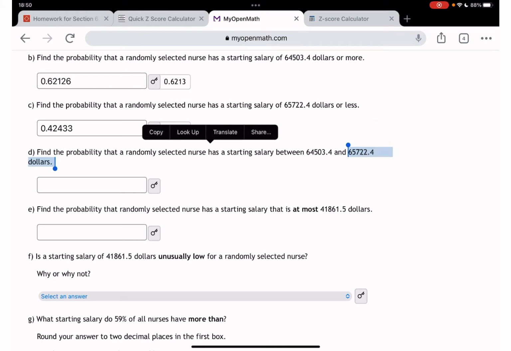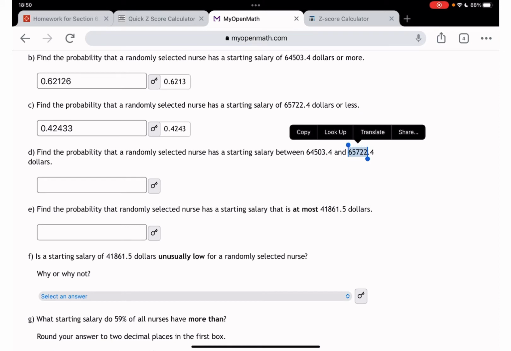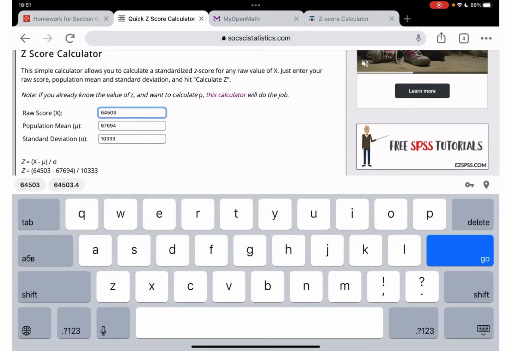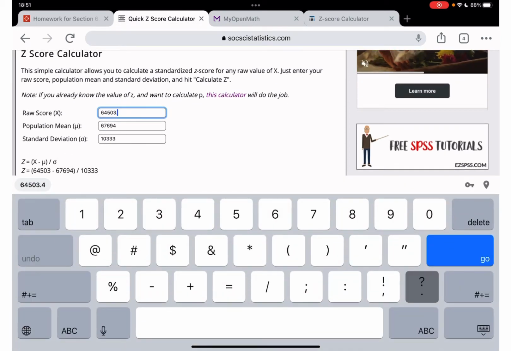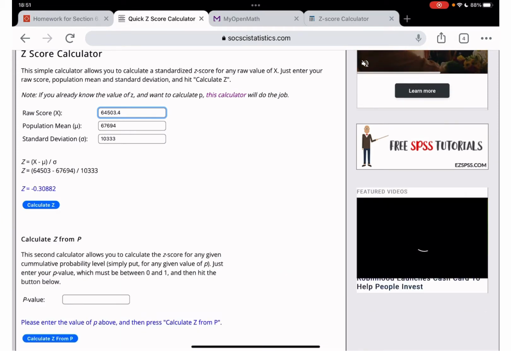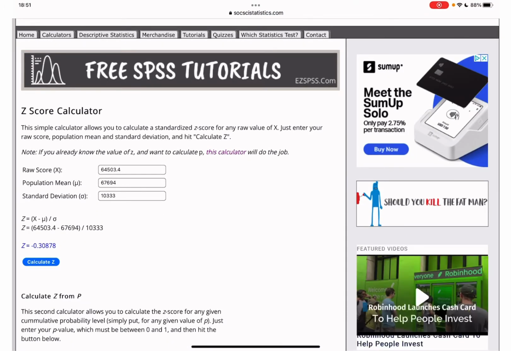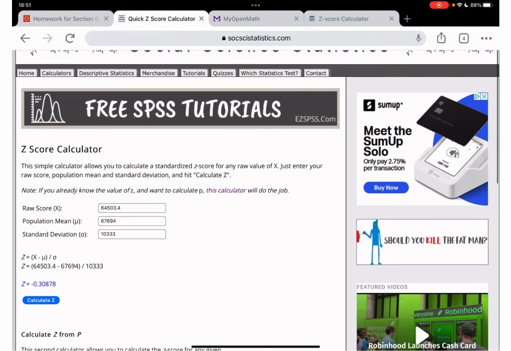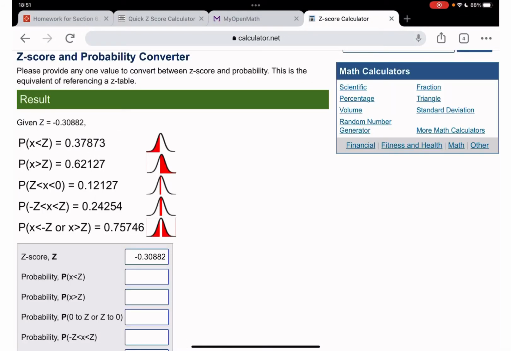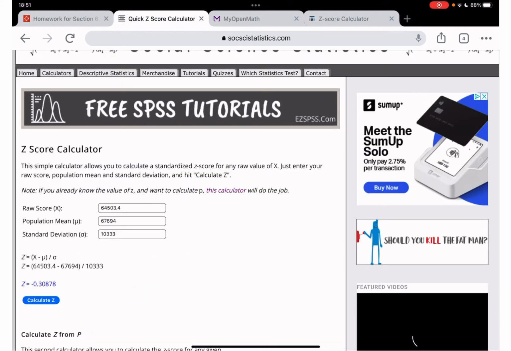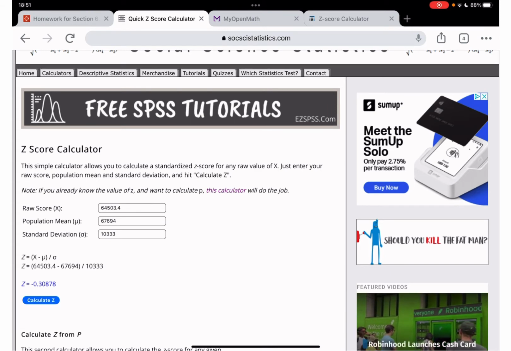Did we use this decimal notation for the first number? Let's see. We'll check it. No, we didn't. Okay. Let me correct my mistake. 0.4. Okay. 0.30878. Let me see if I have here. No. So negative 30878.